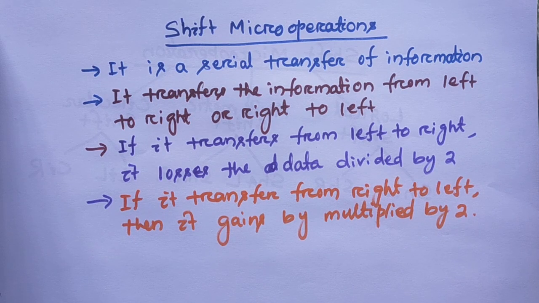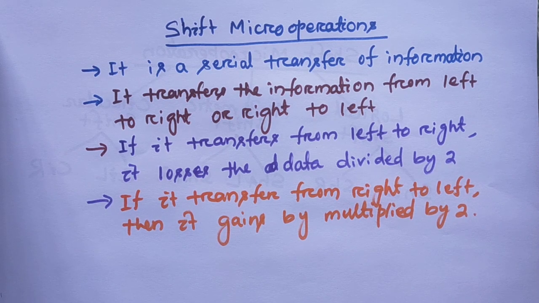So if we go through the definition of shift microoperations, we can define it as a serial transfer of information. And why is it a serial transfer of information?